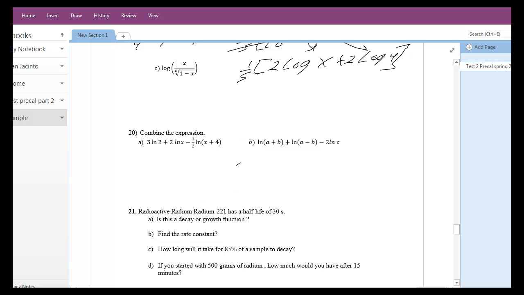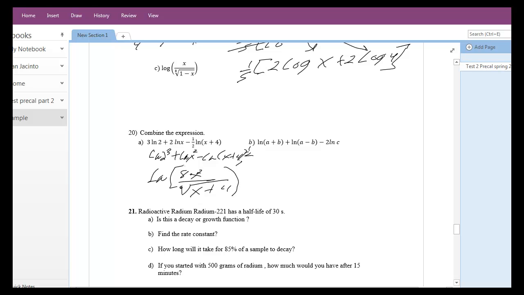Let's fix those exponents first. ln 2 cubed plus ln x squared minus ln of x plus 4 to the 1/2, which means that becomes ln of 2 cubed, which is 8, times x squared, because they're adding, divided by the square root of x plus 4, right?